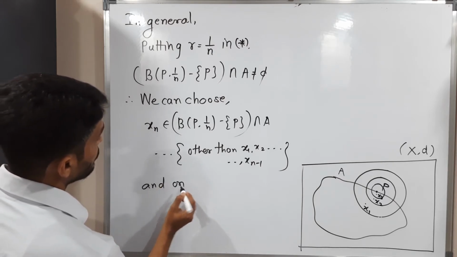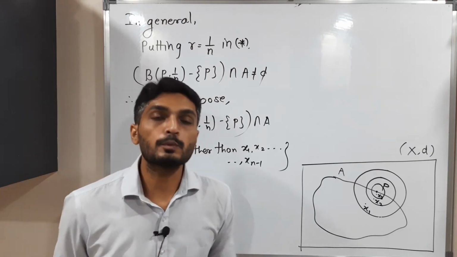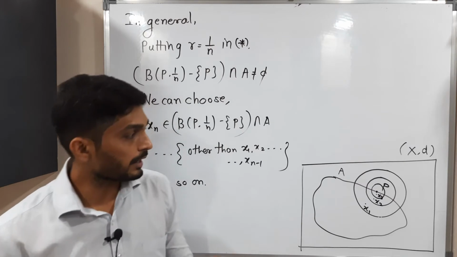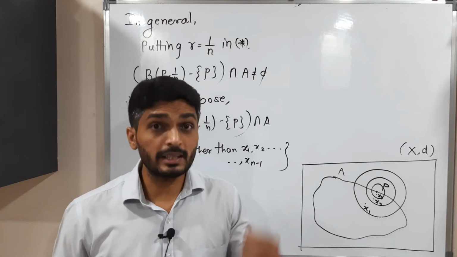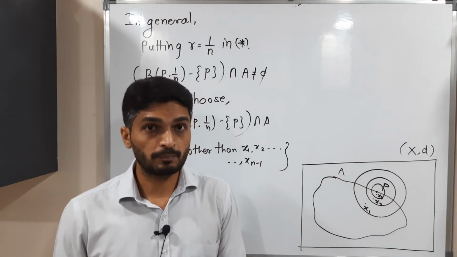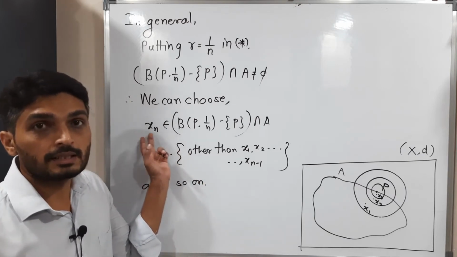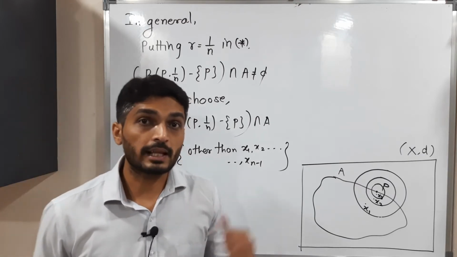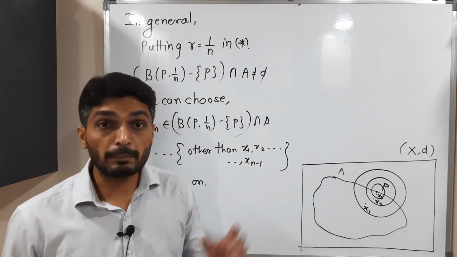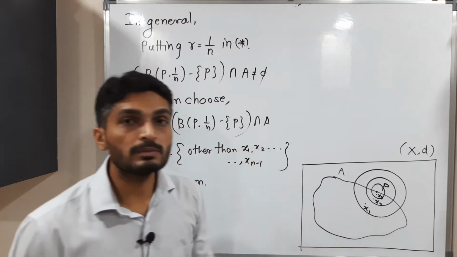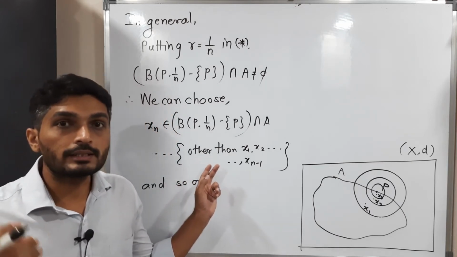We will continue this procedure, so we can repeat the same procedure infinitely many times. Each time we are selecting a point x1, x2, x3, x4, x5, xn and so on. That means we are getting a sequence. The speciality of this sequence is that all points lie in this intersection, so all elements of the sequence are members of A. We are taking points from set A, and all points are distinct since no point is the same as a previous one.